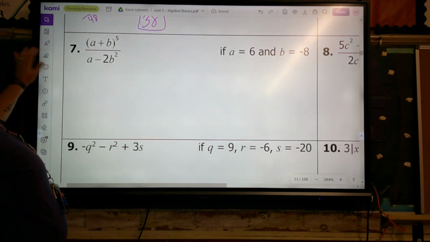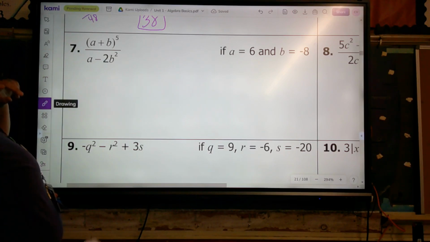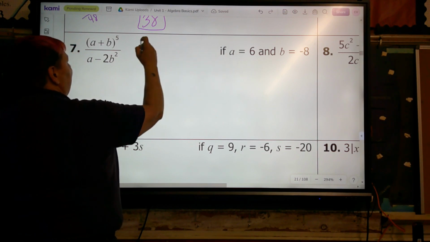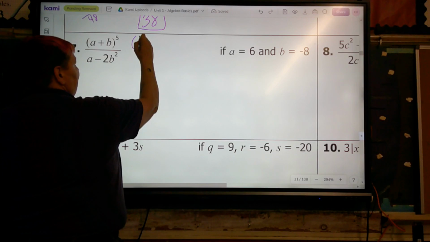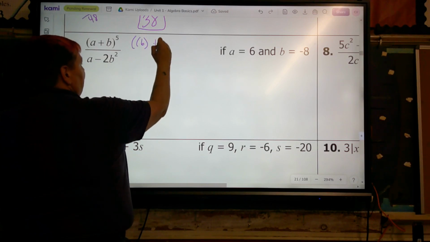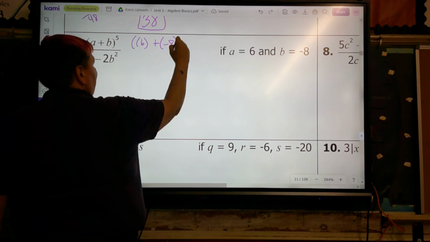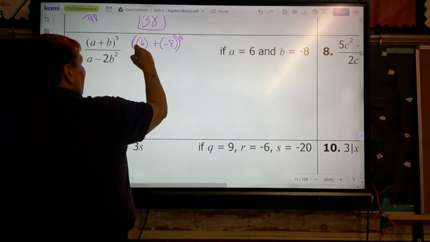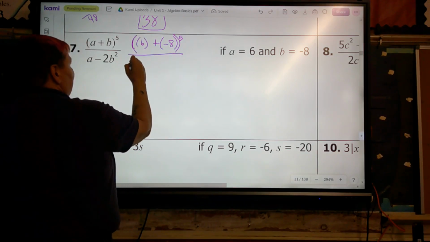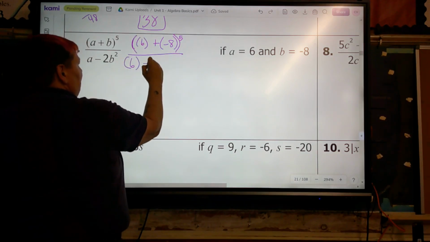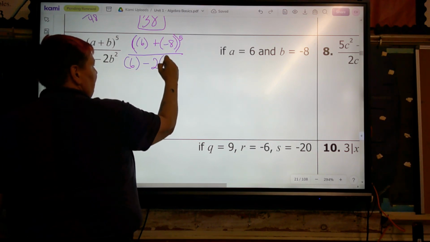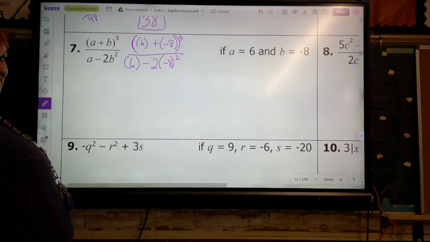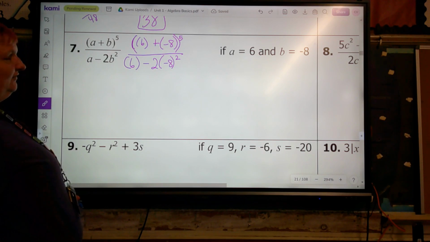Ooh, interesting. Alright. We have 6 is a and negative 8 is b. So we have 6 plus negative 8 to the 5th power over 6 minus 2 times negative 8 to the 2nd power. I know.